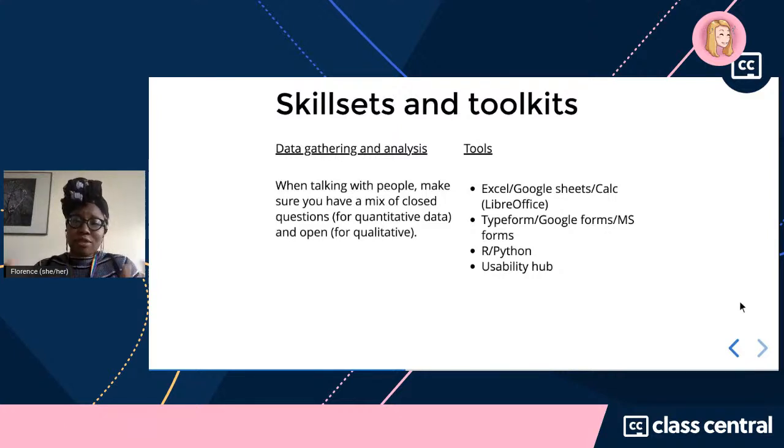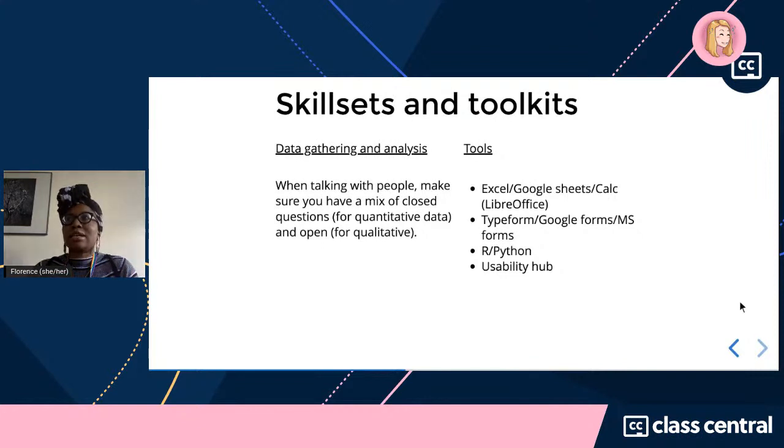And making sure that whenever you put questions in your survey, they're a mix of closed questions, which give you an answer like yes, no, or a particular option, whereas open questions tend to give you qualitative data and need a bit more analysis.